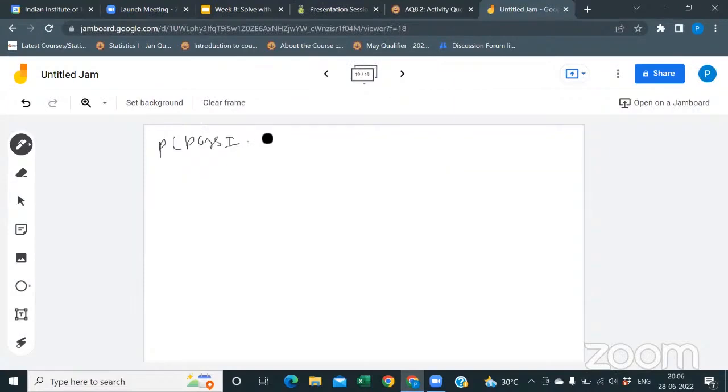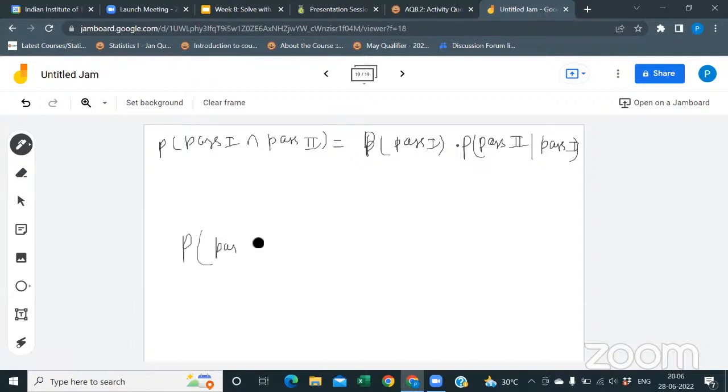Pass 1 and pass 2 equal to probability of pass 1 into probability of pass 2 given pass 1, right? Now, in the question, it is given that all the events are independent. Means probability of pass 2 given pass 1 is equal to probability of pass 2, right?